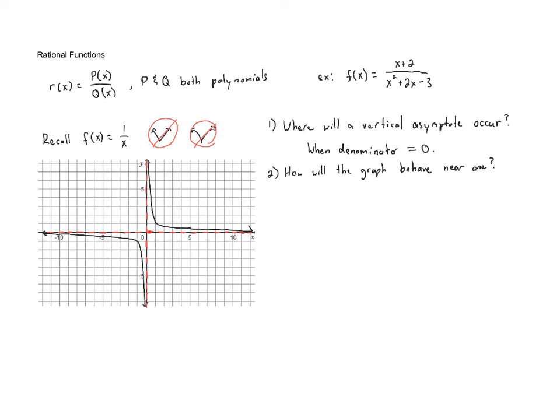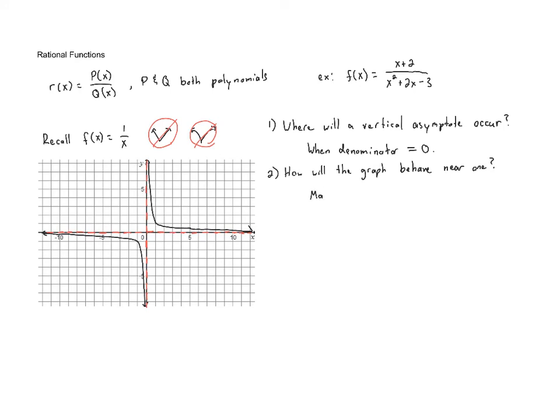We need to look at x values near the x value of the asymptote to figure out what's happening to the function values. Are they going up, up, up and getting closer to positive infinity? Or are they going down, down, down and getting closer to negative infinity? And we have to check on both sides of the asymptote because the behavior can be different on both sides.